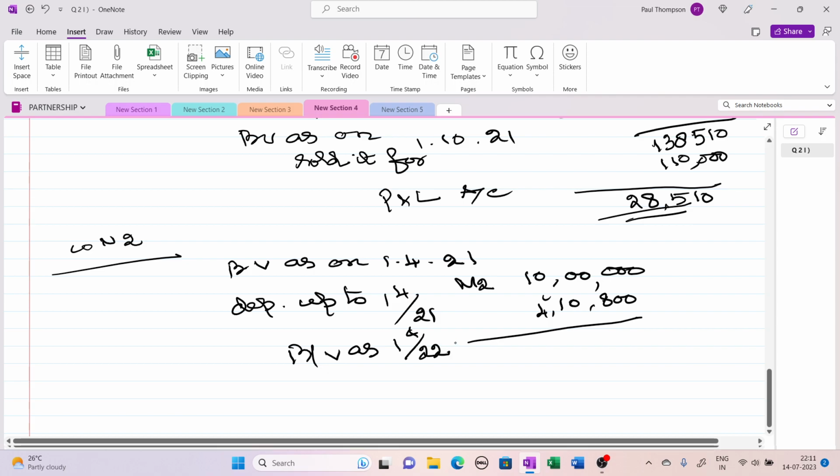So now you got the WDV value, or you can say book value, as on 1/4/21, 589,200. Sorry, 1/4/21. So now you have to put depreciation up to 31st March 22 for 1 year at the rate of 10% WDV.